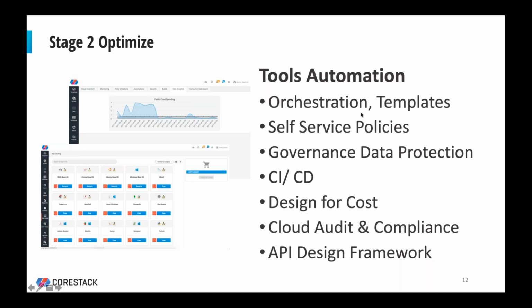So it's key to standardize on automation tools that can help you achieve your governance framework. We have an automation platform, which we will do a quick demo on, just designed for this space.